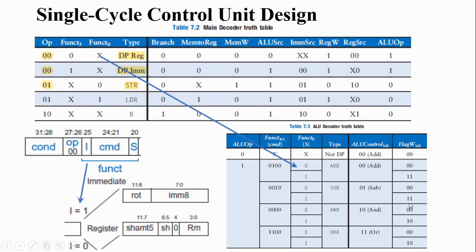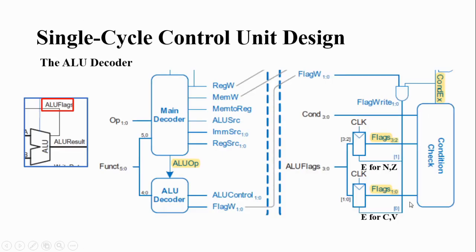That is why you can see here 1 1, right? Both the bits will be set to 1 1. So the zeroth bit will be 1 and the first bit will be 1, which means both these enables will be 1. So if the instruction is add or sub, any of these 4 flags can be updated.